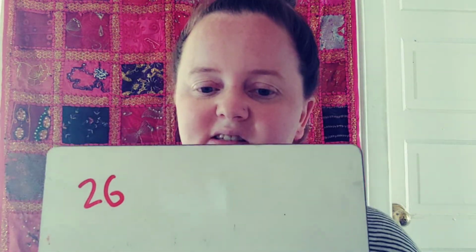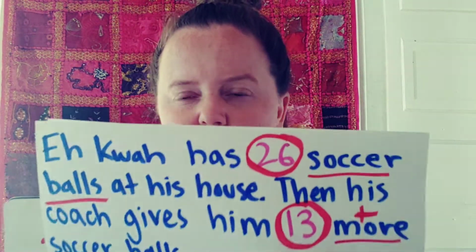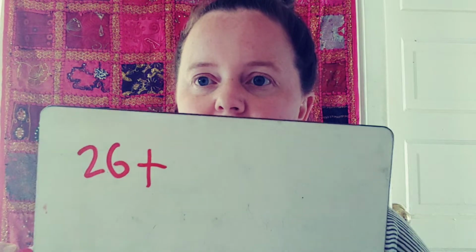And we also know that his coach gives him 13 more soccer balls. Is that 26 plus 13 or minus? If he gets more, it's a plus. So I'm going to write 26 plus, and his coach gives him 13.